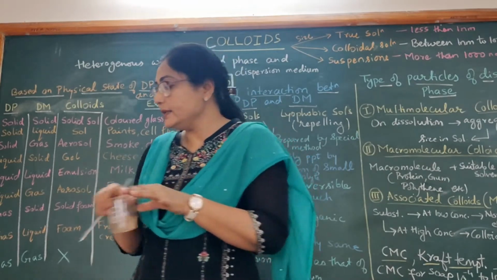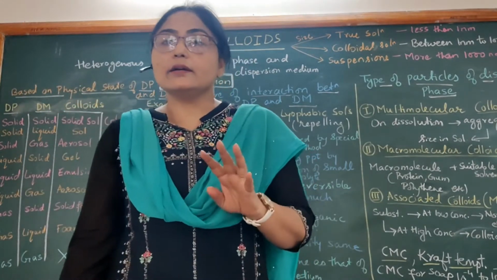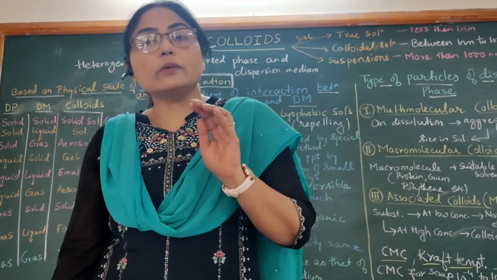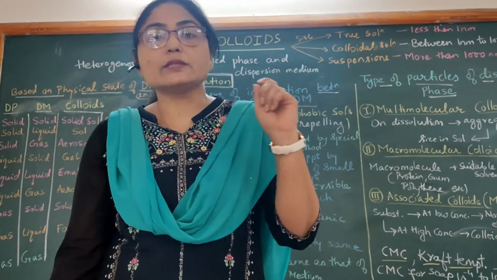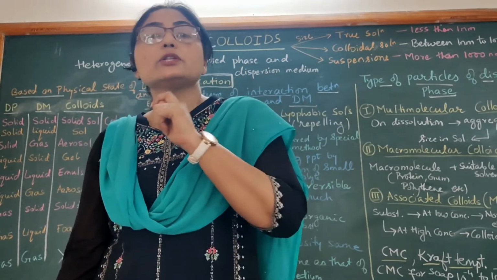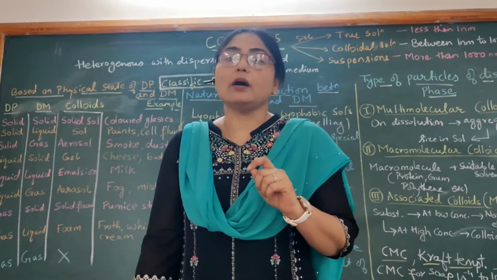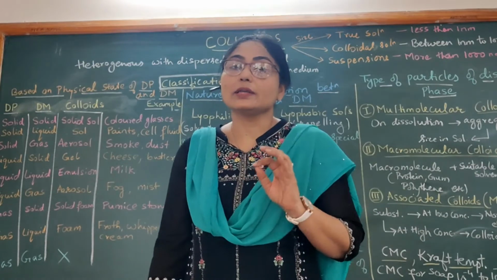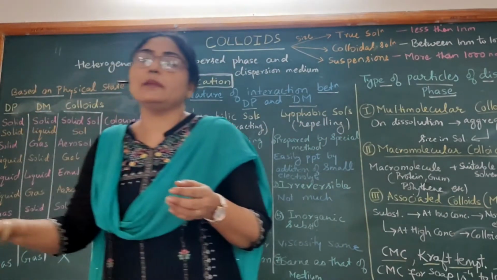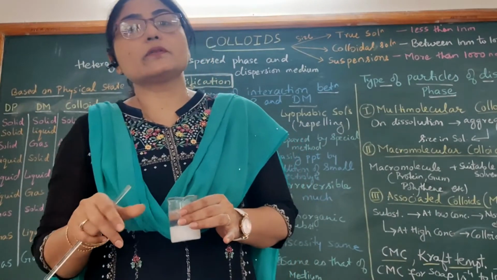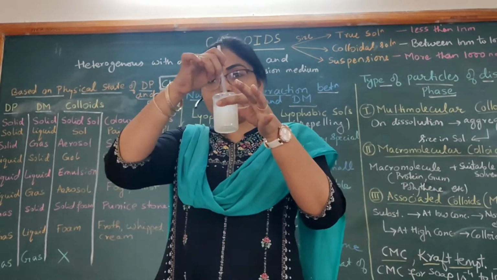Other than true solution and suspension, there is a third type of solution, known as the colloidal solution. This differentiation between true solution, colloidal solution and suspension basically depends on the particle size. Milk is one of the very good examples of a colloidal solution. Now I have prepared a starch solution.